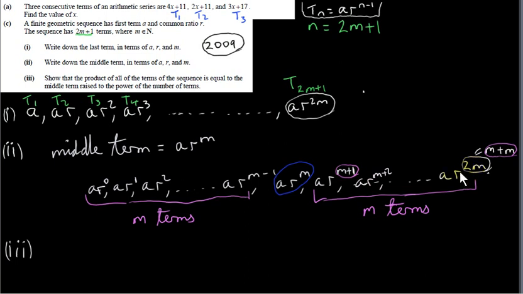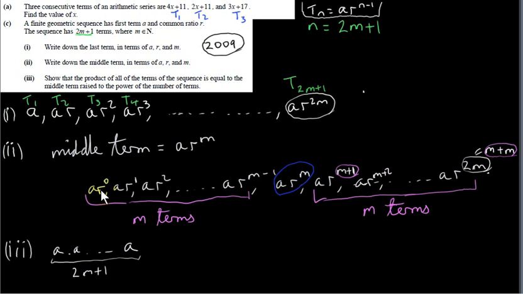So how many a's are we multiplying together? Well, there are 2m plus 1 terms in the sequence. So we have a multiplied by itself 2m plus 1 times. How many r's will we be multiplying together if we multiply all these terms?